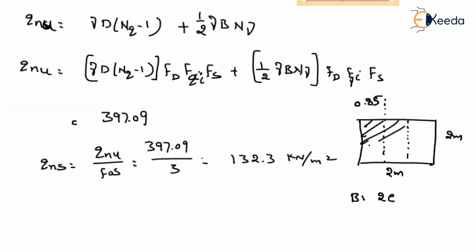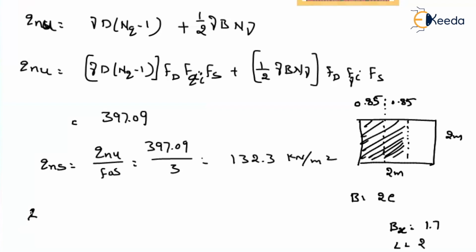That is the hatched shape. They are asking us to find it in one direction only. Either you consider along the width or along the length. If they haven't mentioned anything, you can consider the eccentricity along the length also. So in the present case, what about your new width? 2 into 0.85, let us say B subscript x, 1.7. And what about the length? We are considering it as 2.